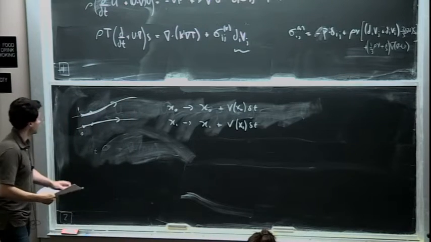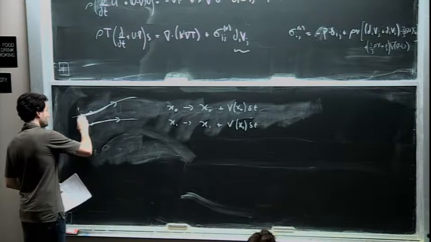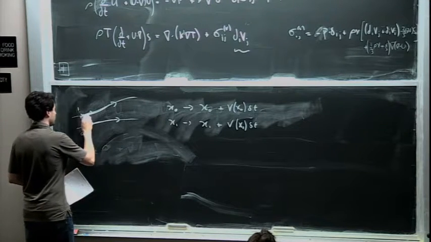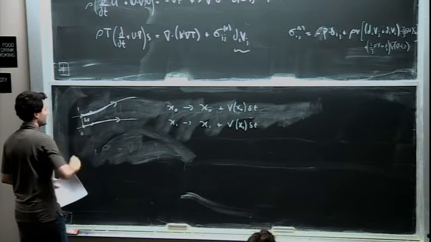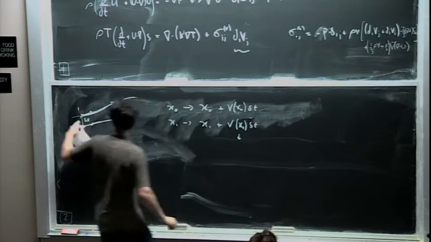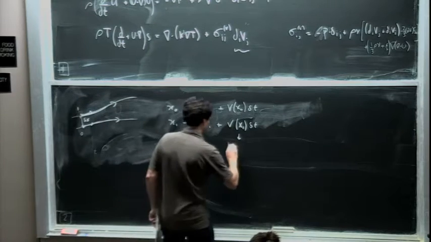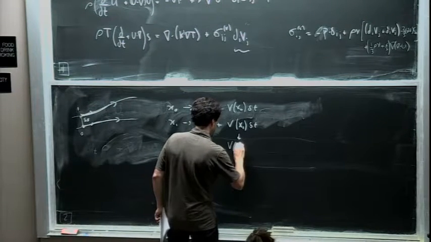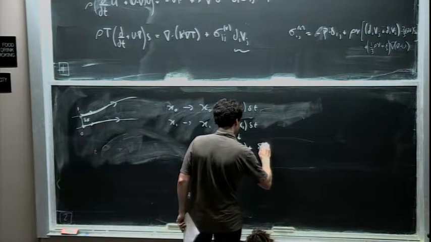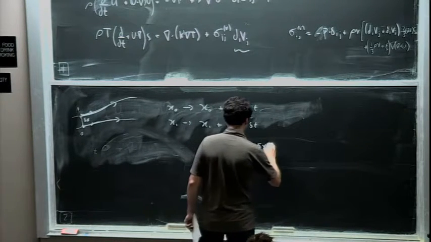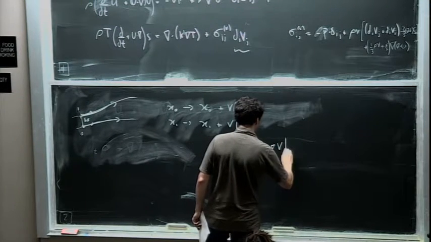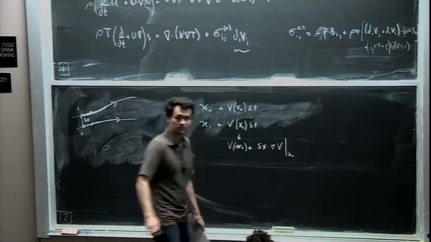Now if I imagine that these two points are close by each other, and I call this separation vector delta x, then I can in fact think of the velocity at point 1 as just the velocity at point 0 plus delta x dot the gradient of the velocity evaluated at x0.